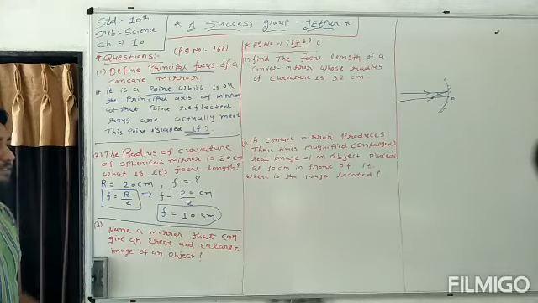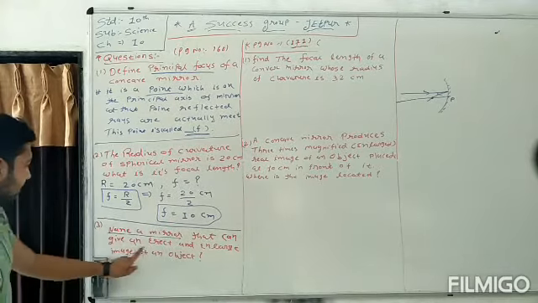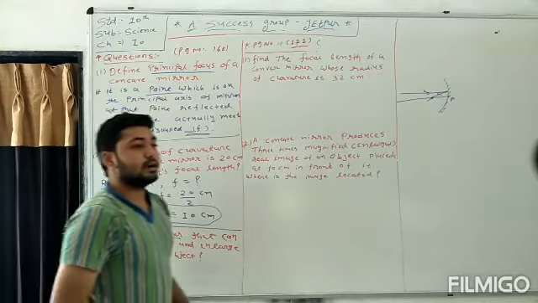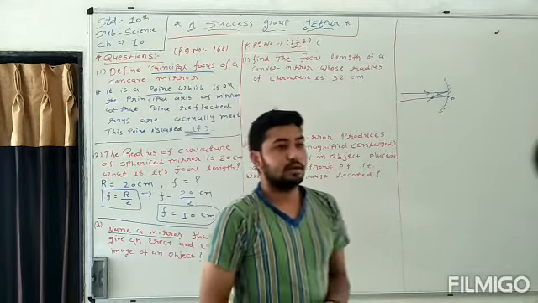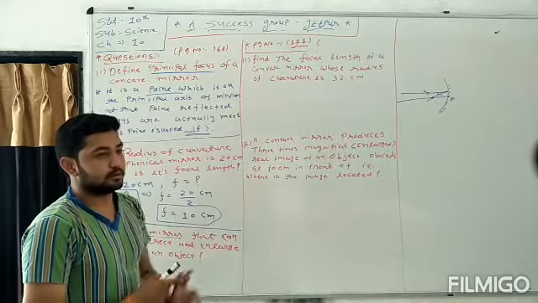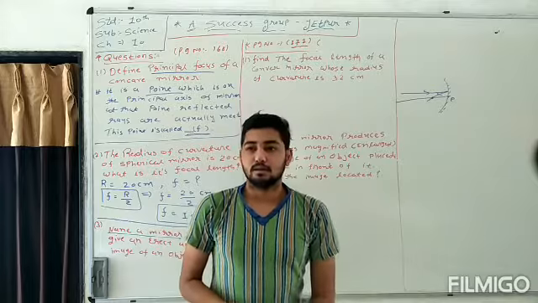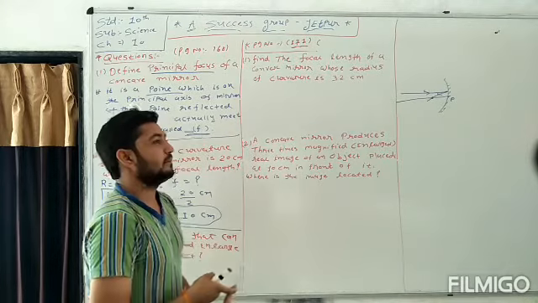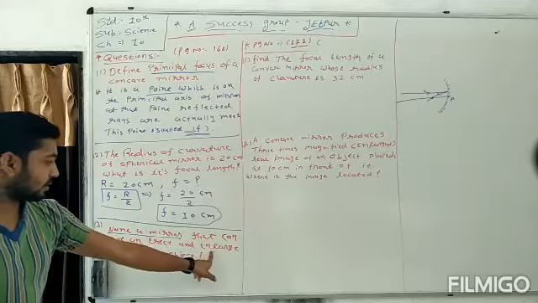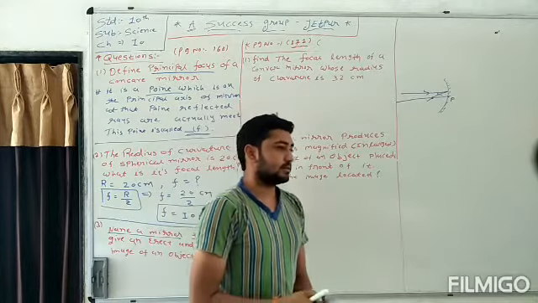Now third question. Name a mirror that can give erect and enlarged image. We also know that there are generally two types of mirror. First is plane mirror, second is spherical mirror. Plane mirror always gives same size, but here it is called enlarged. So in spherical mirror, two cases.